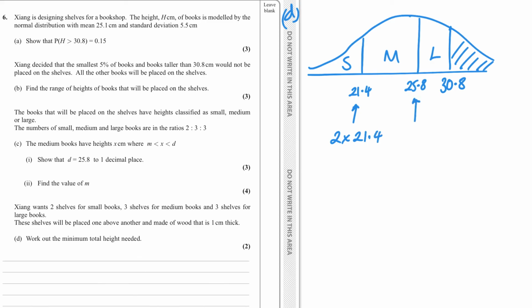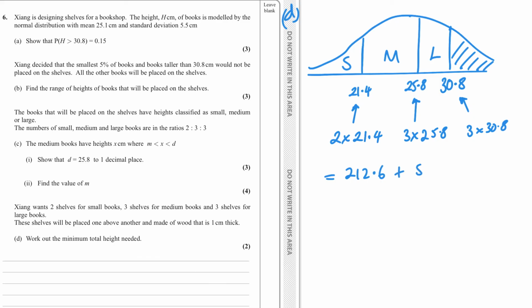He wants 3 medium shelves, so we got 3 lots of 25.8 as the largest mediums, and the largest large books 30.8. So that's what I'm working out here, and this equals 212.6. Now that's just the books.